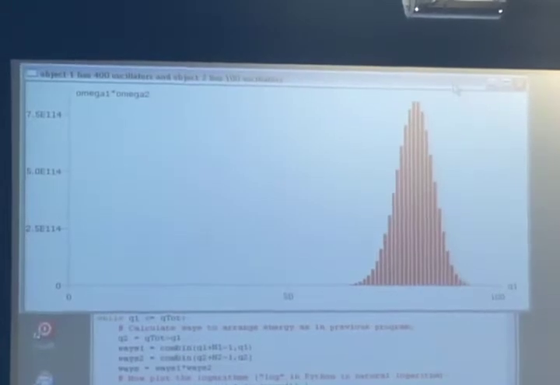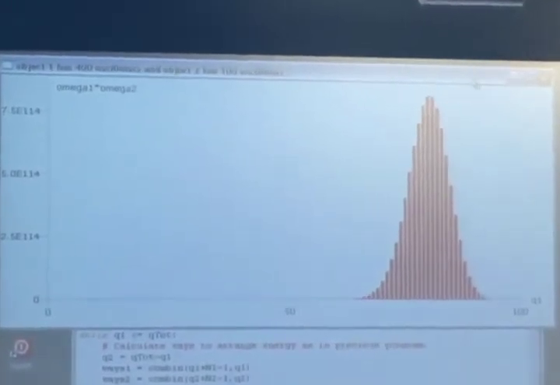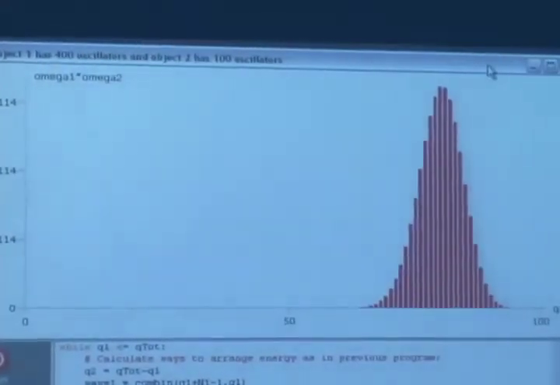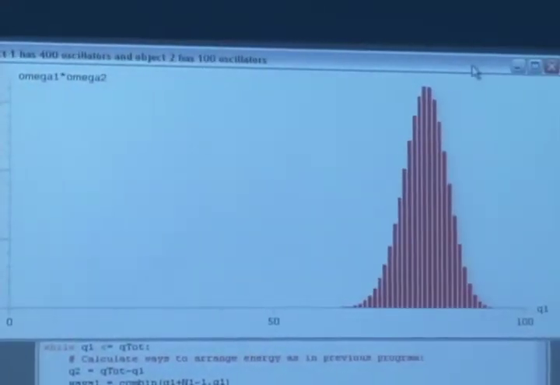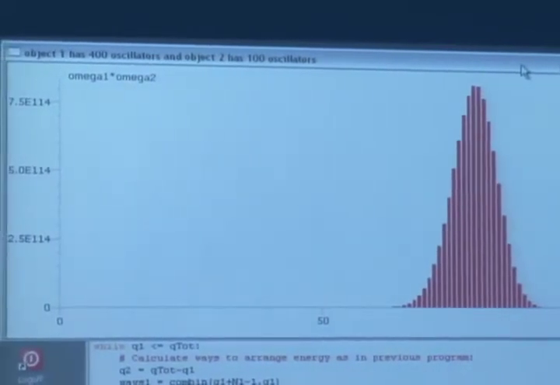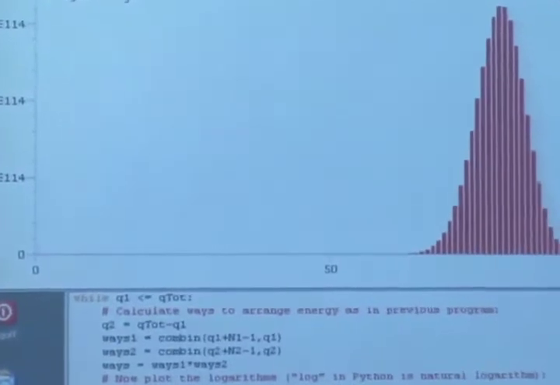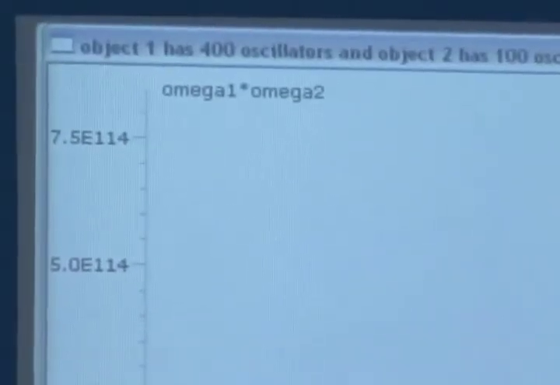Turn the lights down a little bit so it's easier to see. So the x-axis is what? Number of quanta, the amount of energy in block 1 measured in quanta. So it's basically energy, but it's just measured in number of quanta.